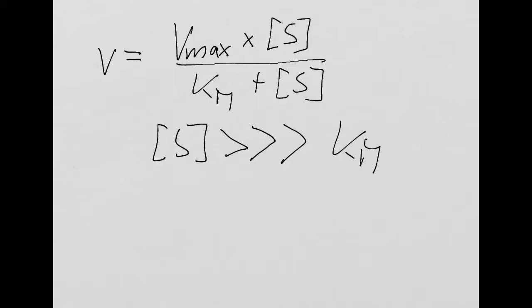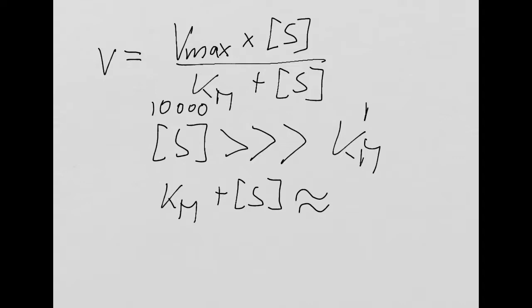If S is much, much bigger than Km, what I can write is Km plus S is roughly the same as S. So let's say S is 10,000 and Km is 1.